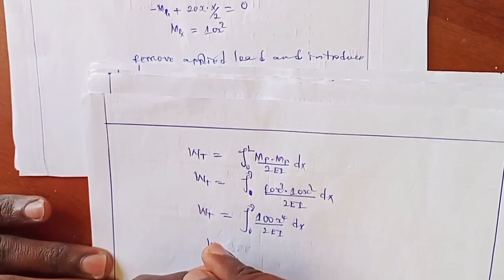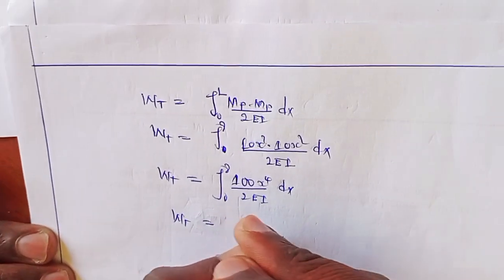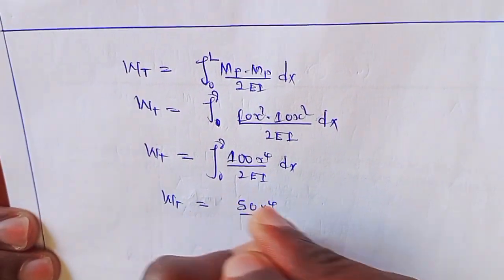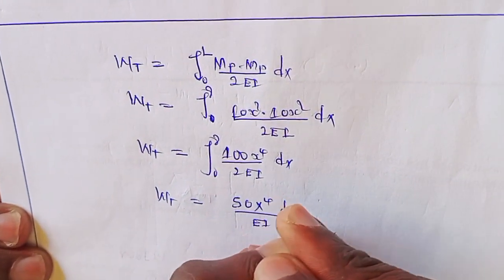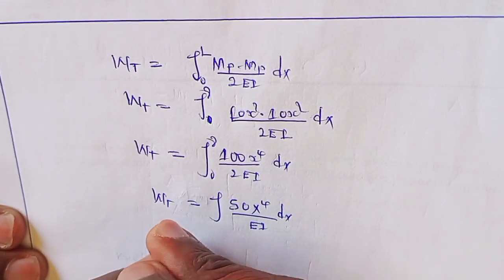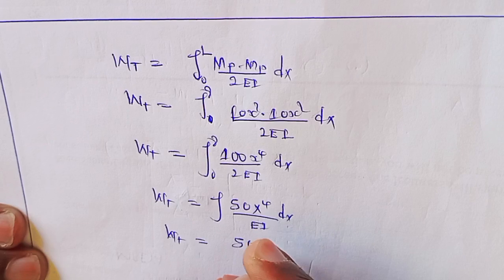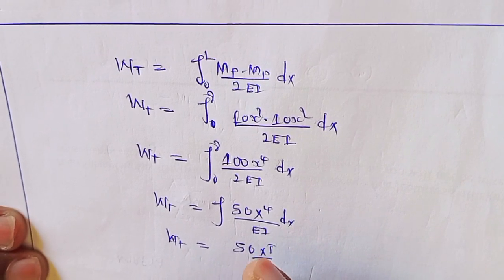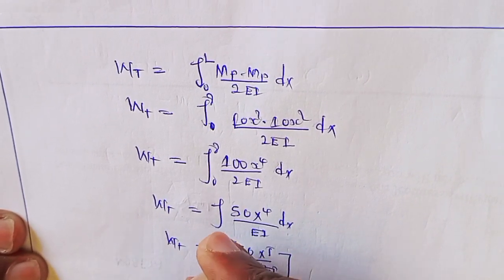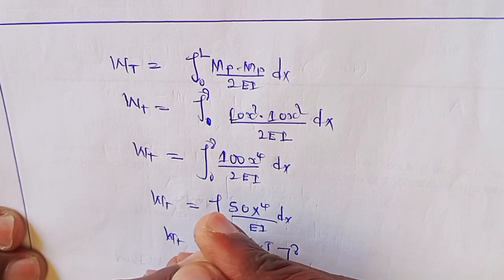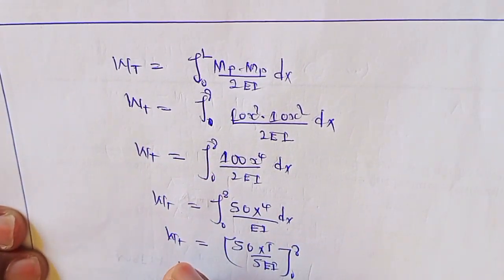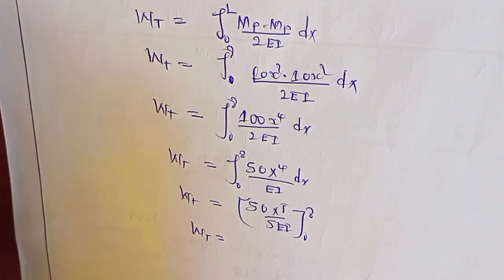When we simplify, it will be 50x to the power 4 over EI dx. When we integrate for this case, it will be 50x to the power 5 over 5EI from 0 to 8.